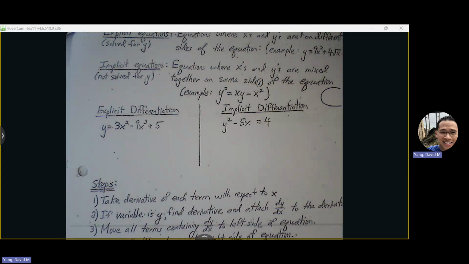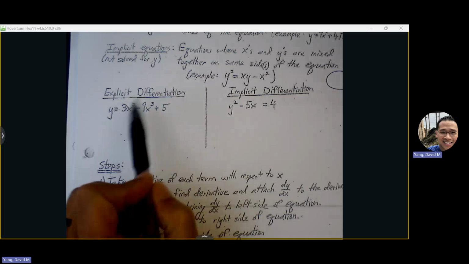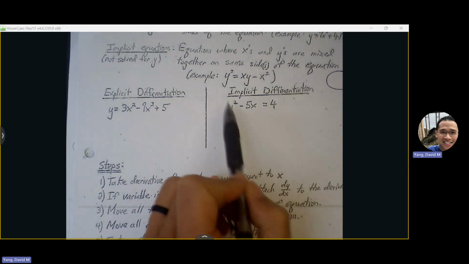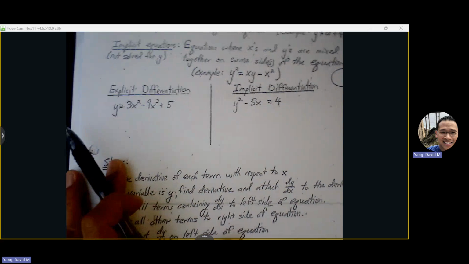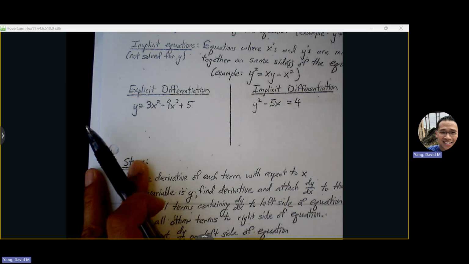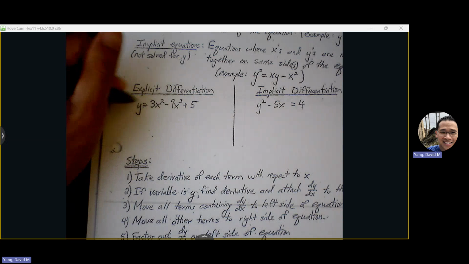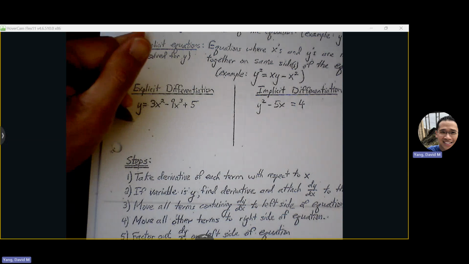Just for comparison purposes, let's find the derivative for both an explicit equation, which we've been working on all this time, versus an implicit one, where we may have to do a little bit extra because the y is not by itself. Let's find the derivative here. y becomes y prime, but we also say that y can be dy dx.